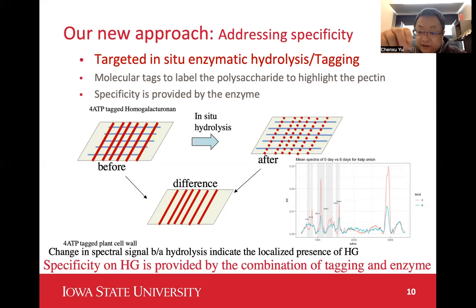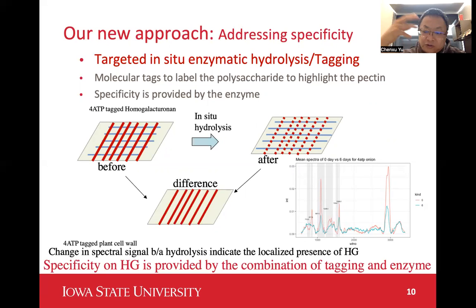So if we use different enzymes that can hydrolyze different types of pectins, right? The before-after signal will give you the localization information for those specific pectin species that we're trying to identify. And that is the specificity that we wanted to get.